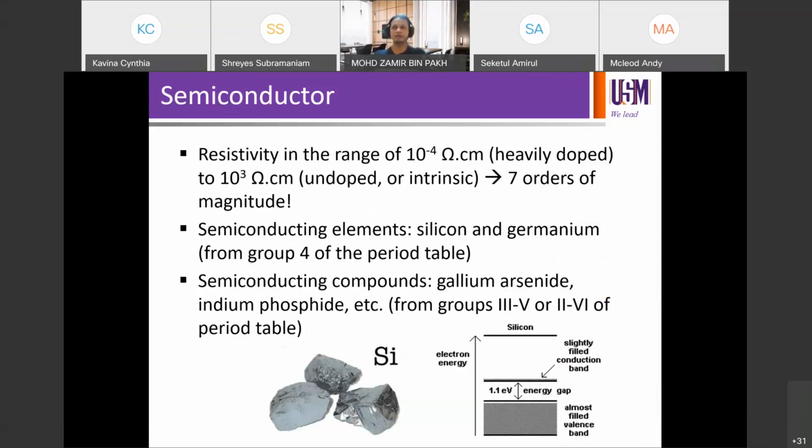So if you have silicon, for example, just pure silicon, you don't add anything into the lattice, we call that intrinsic semiconductor or pure semiconductor. On the other hand, we're going to learn later on, if you dope some dopants into the lattice of silicon, they are already considered doped, and in that case, we call the silicon extrinsic semiconductor or doped semiconductor. So intrinsic is pure, extrinsic is doped.